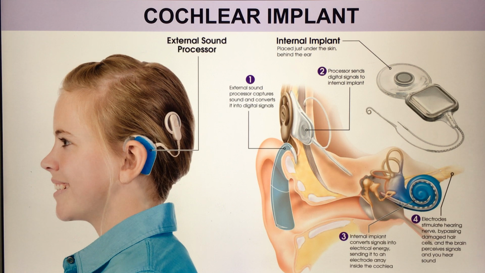Of course, that sound is not perfect, but at least it allows the person to understand the direction of the sound, the intensity of the sound, and sometimes get some clarity on what the words might be.